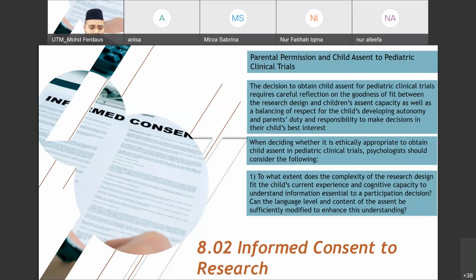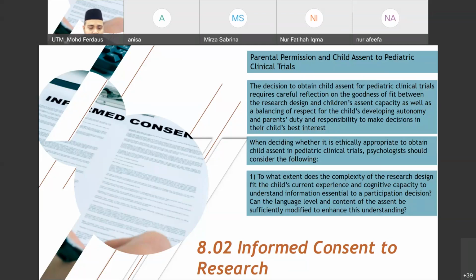If you want to try it on the children, you need to make sure that the trial is a good fit for the children's character, age and development, and their mental status, physical status, and emotional status. We need to balance all of that, and make sure it's the best possible alternative for them to get involved in the trial.